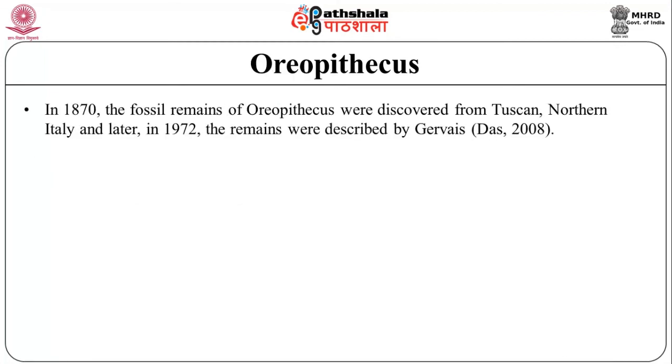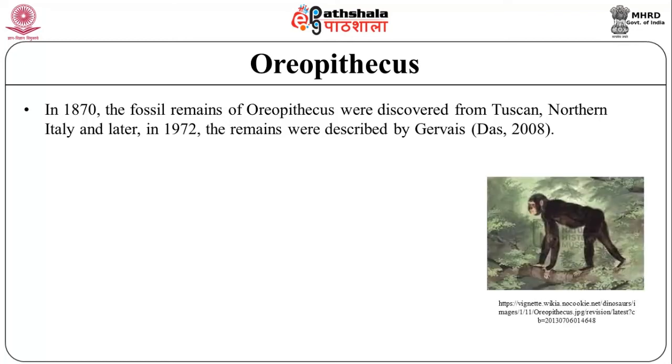Oreopithecus. In 1870, the fossil remains of Oreopithecus were discovered from Tuscany, northern Italy, and later in 1972, the remains were described by Jarvis as reported by Das in 2008.